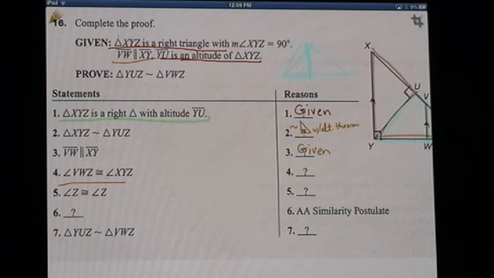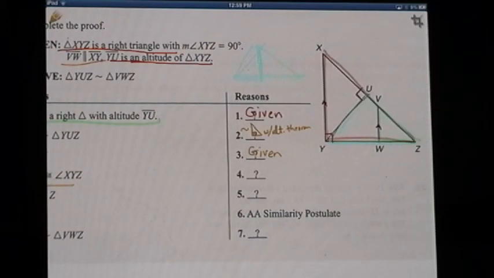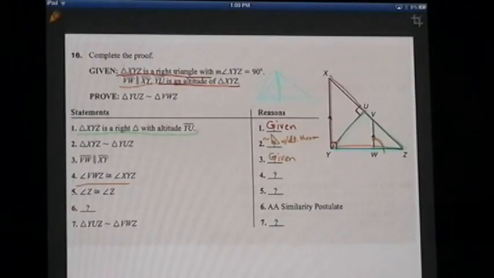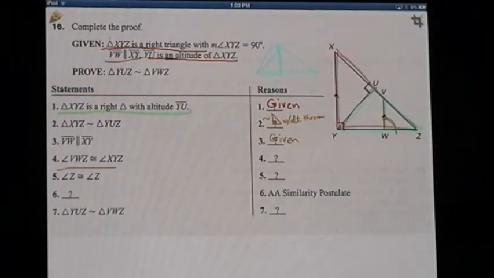So I'm going to mark these with an arc. VWZ is congruent to XYZ.